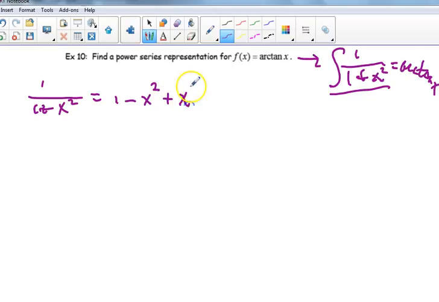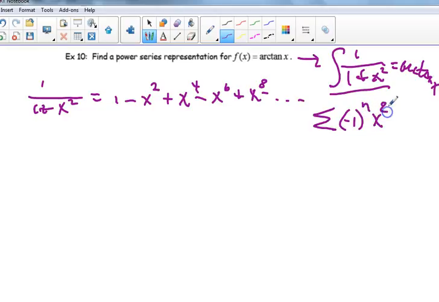I get x to the 4th minus x to the 6th plus x to the 8th minus blah, blah, blah. General term for this was -1 to the n, and then x to the 2n from 0 to infinity. And again, the 2n is going to cause the first term to be 1, which is what I want.